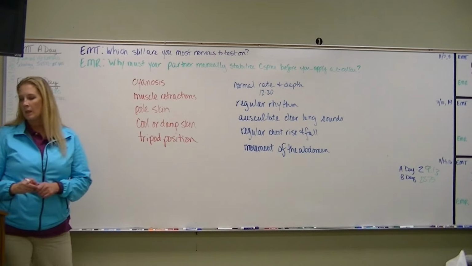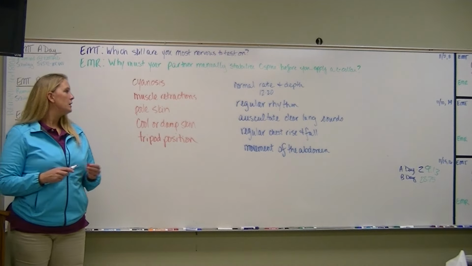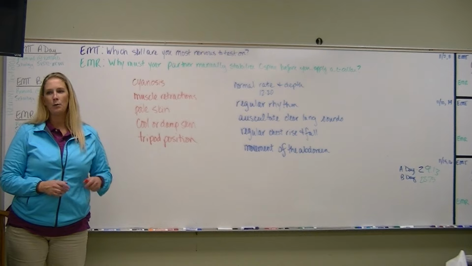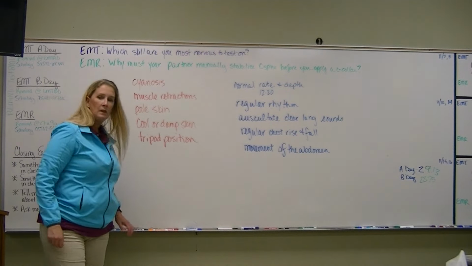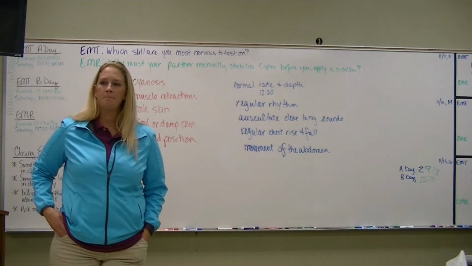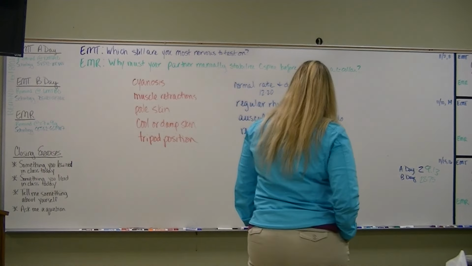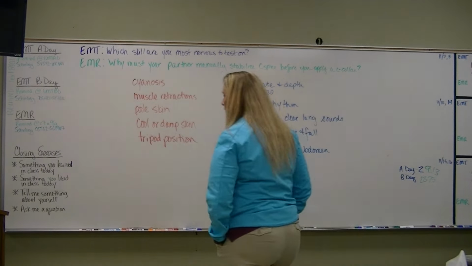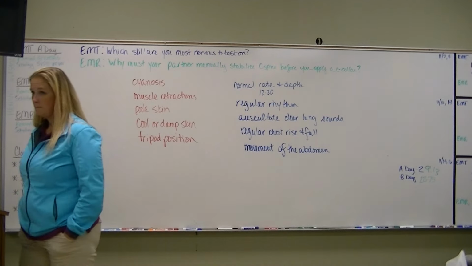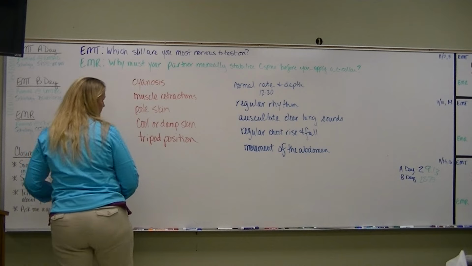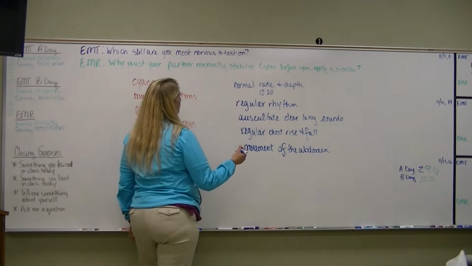How do we help a patient who is suffering from irregular or inadequate breathing? Give them oxygen. How are we going to give them oxygen? With a mask. Do we have a couple of different ways to give them oxygen? Nasal cannula or bag valve mask.